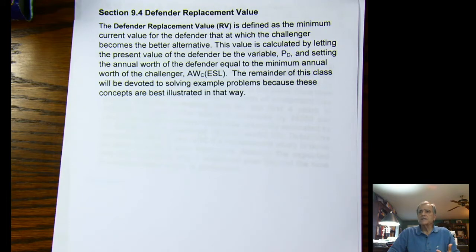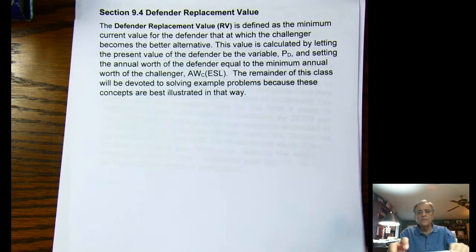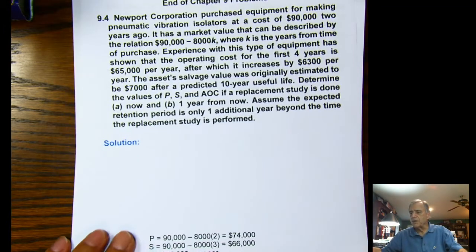So the process is: let the defender's current market value be P sub D, a variable, and then set the minimum annual worth of the defender equal to the minimum annual worth, or economic service life, of the challenger, and solve that for P sub D. So let's work on some problems.